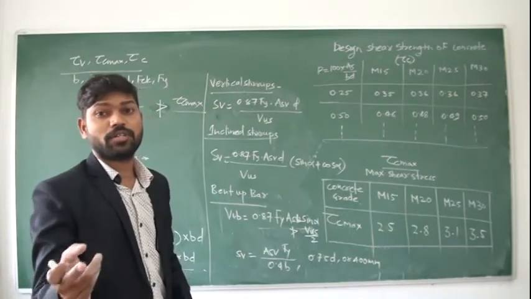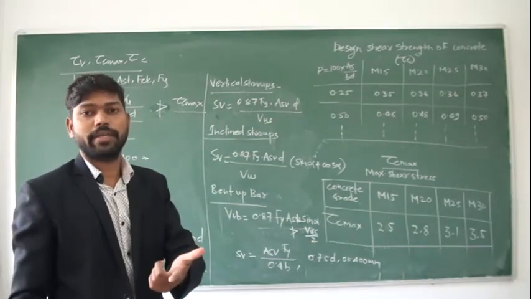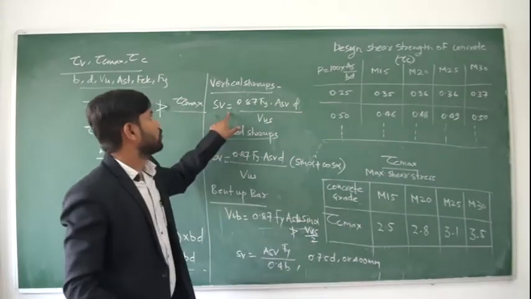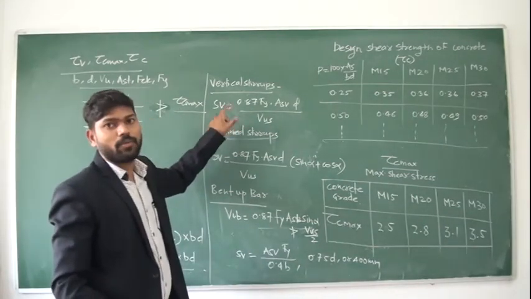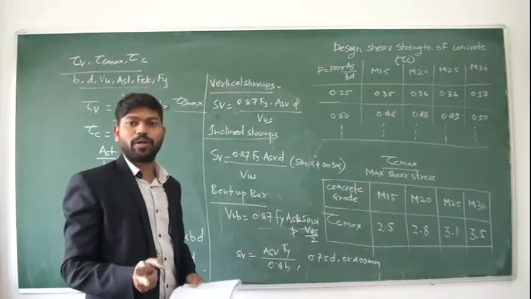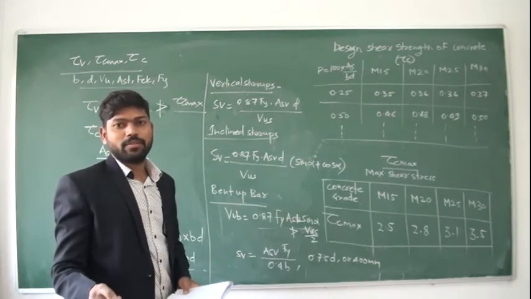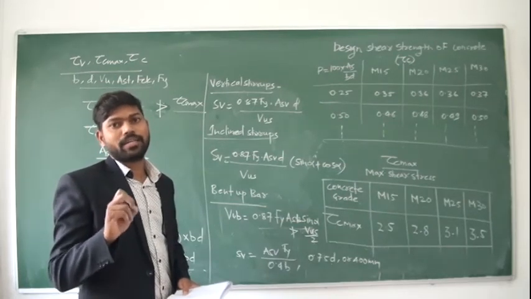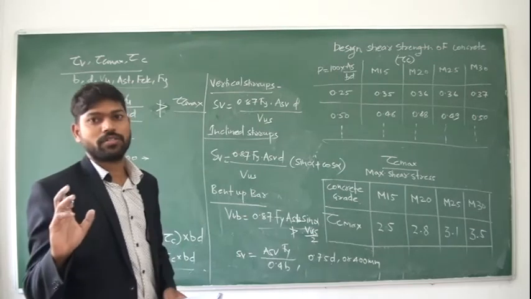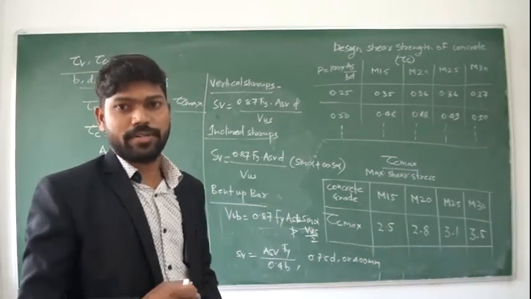Now what is the remaining shear force to be resisted? Again 50 kilonewton is remaining. So for that 50 kilonewton, you have to calculate the spacing of vertical stirrups. Means when you provide bent up bar, you have to provide it along with the vertical stirrups. Okay. So bent up bar alone cannot resist all the shear force which needs to be resisted.